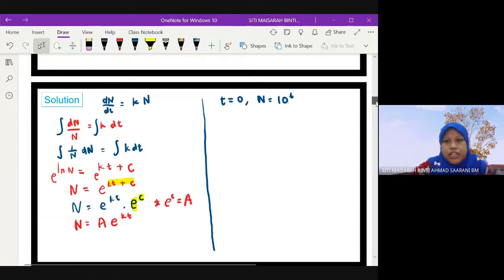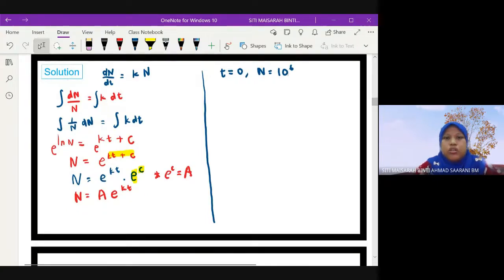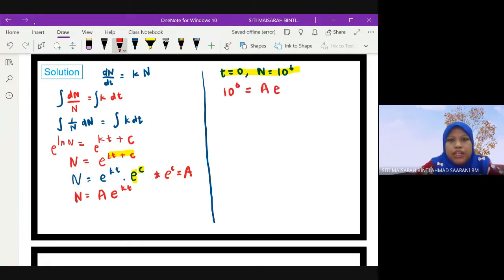So jadi kita ganti yang first ni. 10 power of 6 equals to A E power KT.